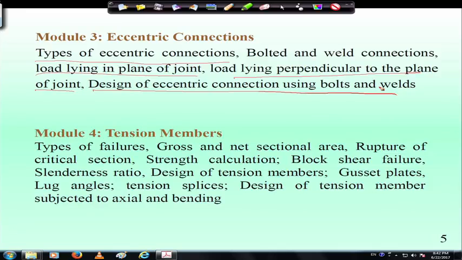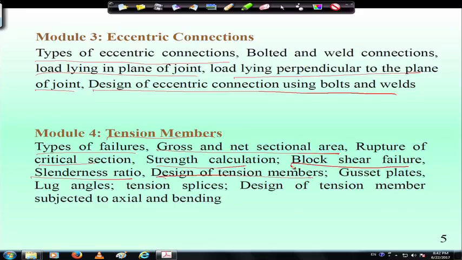And in module 4 we will discuss the design of tension members. In tension members we will first see the different types of failures that occur. Then we will find the gross and net sectional area, rupture of critical section, strength calculation, block shear failure, slenderness ratio of the member, and then design of tension members concerning all this.